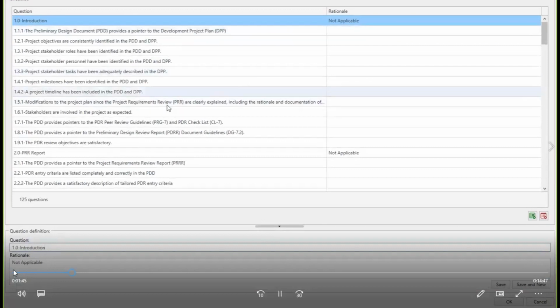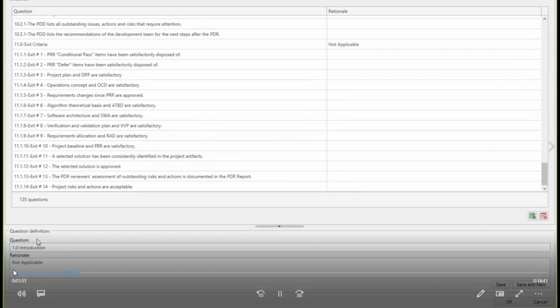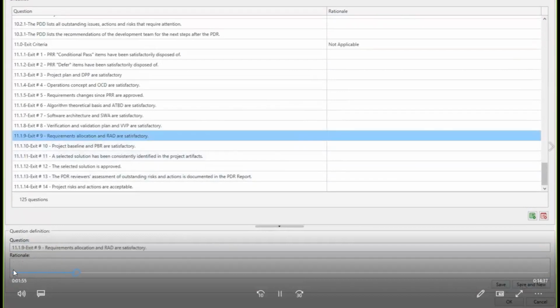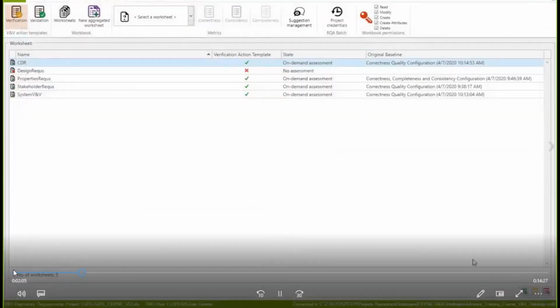So here, this is a checklist management system. You can include your questions, and you can define information and rationale around all the different questions. And of course, you will later be instantiating these different checklists. Okay, so we'll see in a while how it is working.